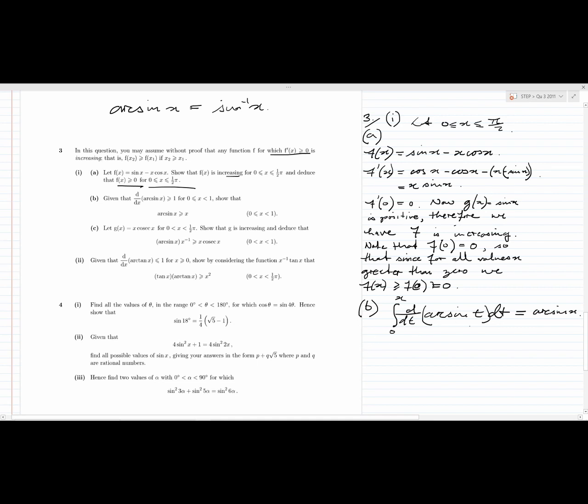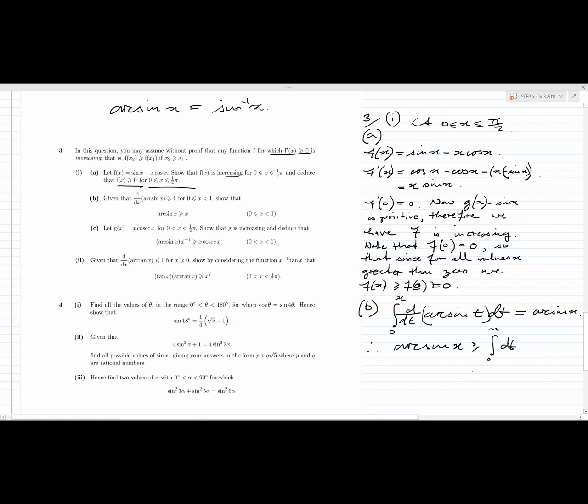This is very useful here, because what we can do is integrate both sides of this inequality. Therefore, if we integrate this left-hand side, arc sine x will be greater or equal to the integral from 0 to x of 1, which we just write dt.